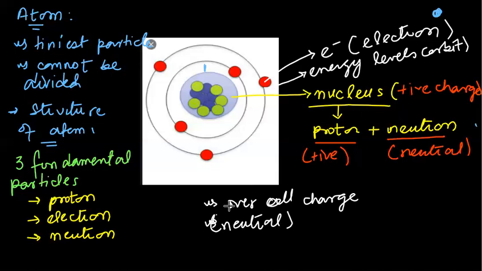Atom is neutral in nature because of the positively charged protons present in the nucleus and an equal number of negatively charged electrons revolving around the nucleus, which cancel the effect of each other, making an atom overall neutral.